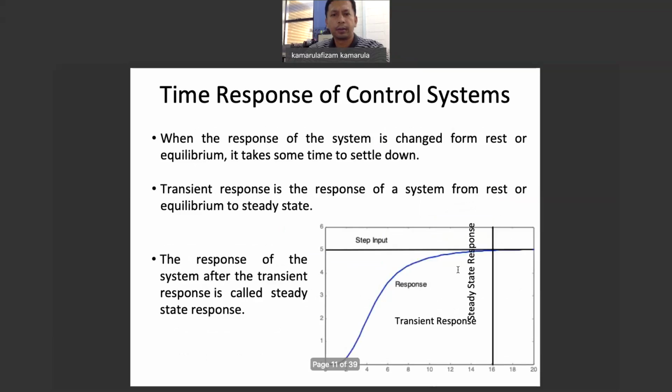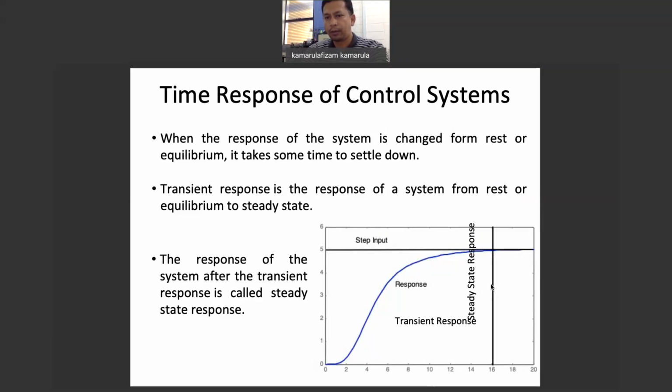From this graph, you can see that from 0 to t equal to 16, this is the period where any control system starts up, and over time it will develop the system response, the amplitude or the values will increase and will achieve stability or steady state.